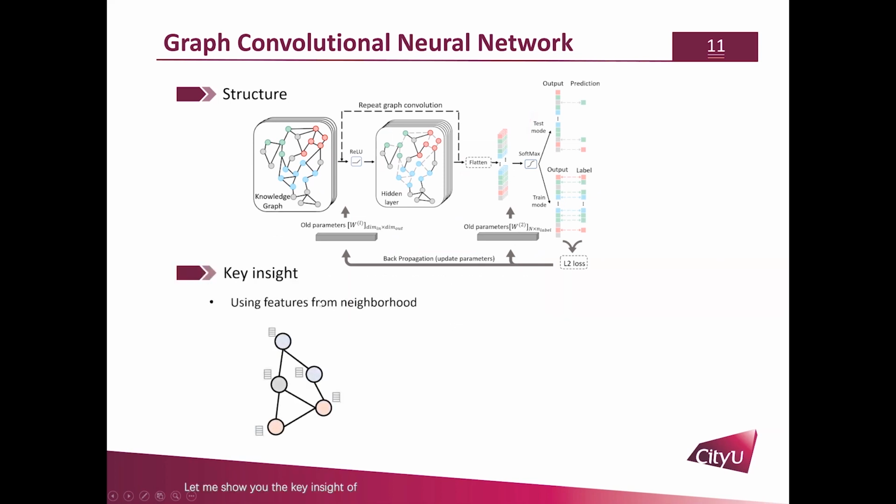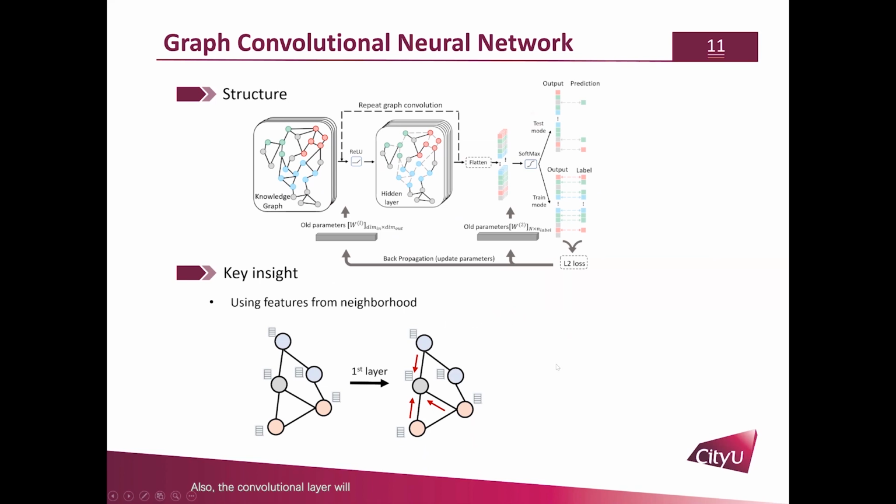Let me show you the key insights of the graph convolutional network. For example, let's call this unlabeled node the current node. In the first convolutional layer, we will use the information delivered from its one-step neighborhood to encode a new node feature. And we will use this new node feature as input for the next layer.